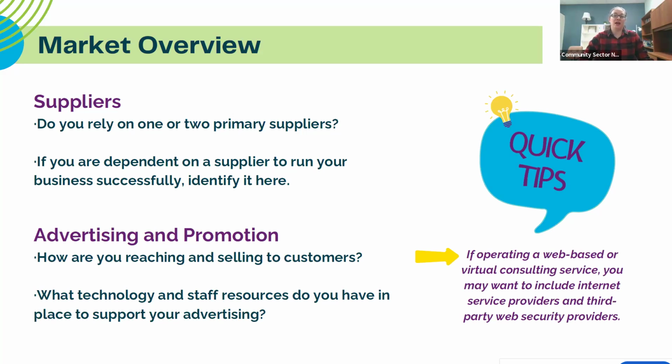You'd want to have a backup plan if that was the case, or if it's not possible, when you identify your suppliers, talk to them early on and make sure you develop a good relationship with them, so that they understand what your needs are, so that you're not put in a position where you're unable to satisfy the needs of your customers because you don't have a good relationship with your suppliers and can't get your inputs.